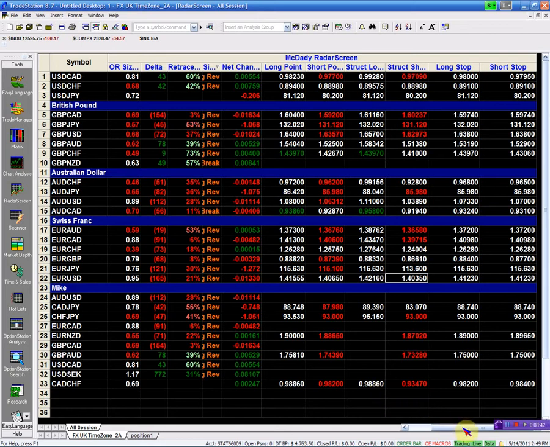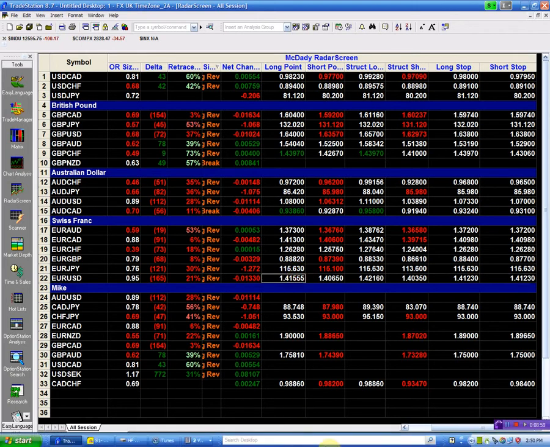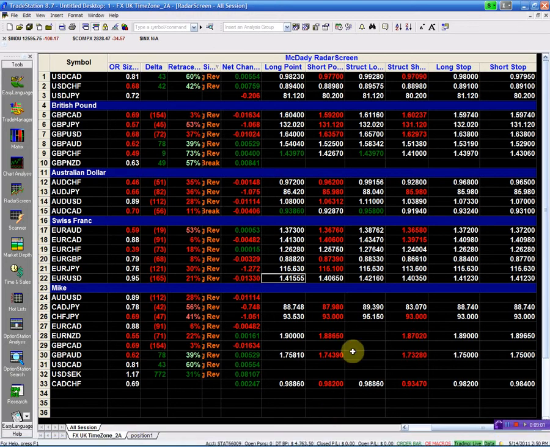We're using our stop as 141.23. On the long side, we're going to buy it above 141.55, and that is our buying point. Our structure long is 142.16, and my stop in both cases is the 141.23.